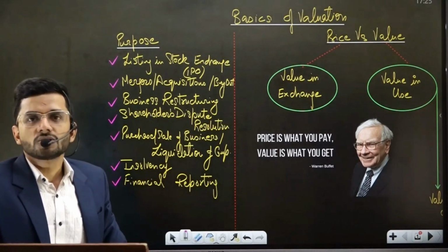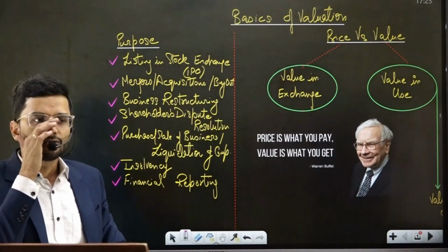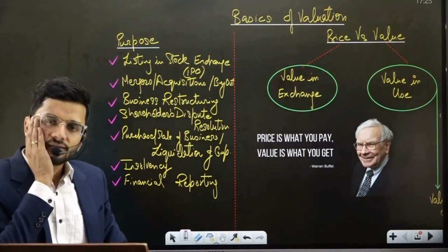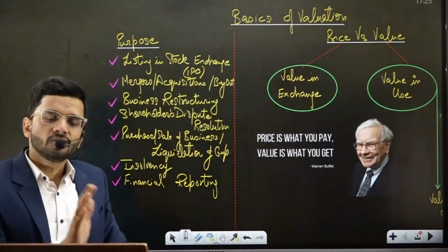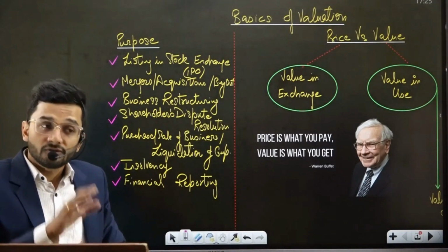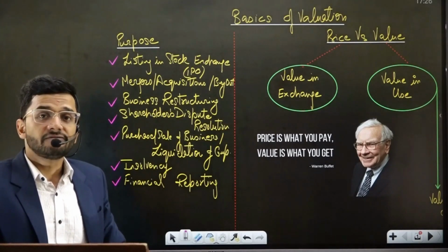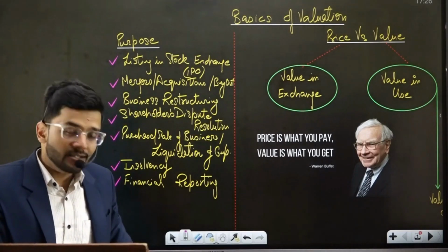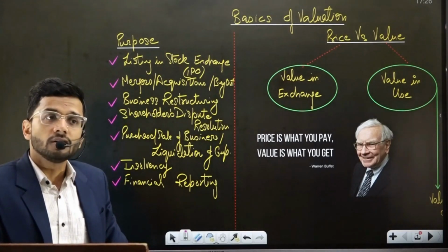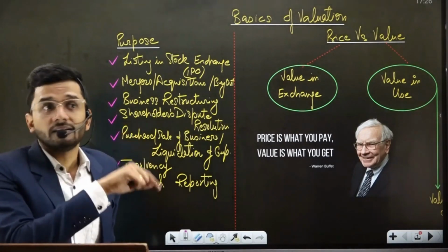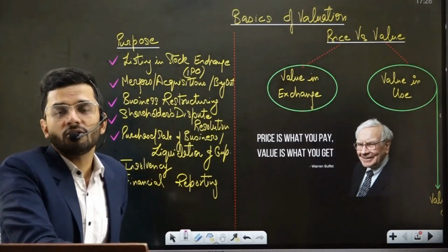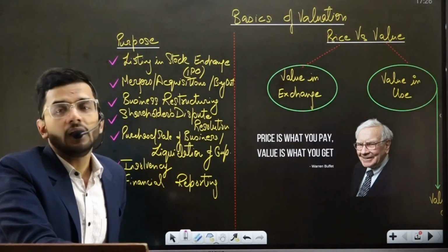That is the question you will face from the future shareholders of the company. The management of various investment funds will ask you this question. So to understand whether the price is in cognizance with the value, whether the worth is there or not, value is required to be ascertained.